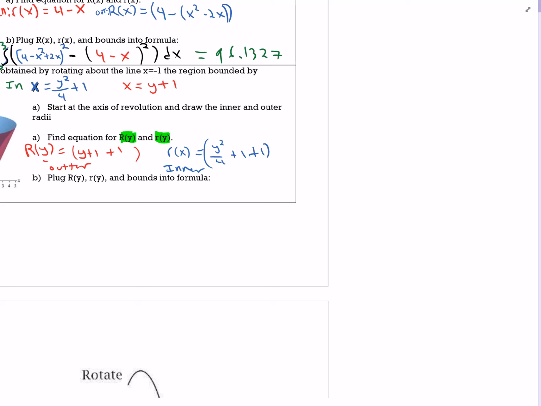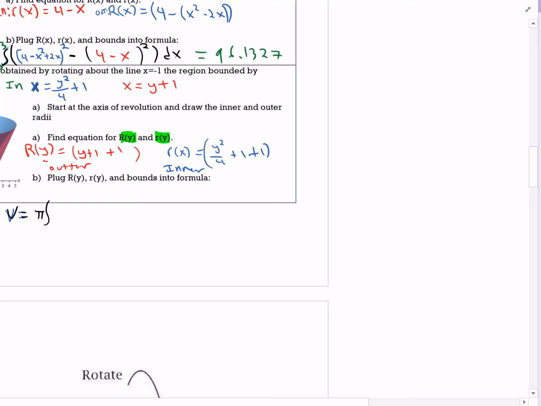Alright, so now we actually need to write the volume equation. The volume is going to equal pi times the integral, right? Again, we're using that formula. The volume of a disk is pi times big R squared minus little r squared, where big R is the outer radius and little r is the little radius, so just 2 circles.